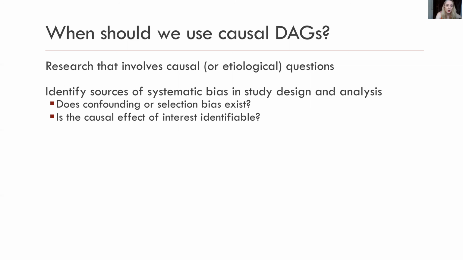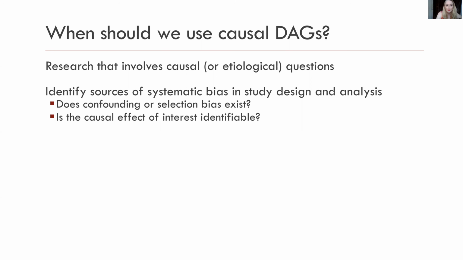If we're thinking about a causal or etiologic question, we probably want to think about confounding or selection bias. But even if we're thinking about a descriptive epidemiologic question, we could think about problems related to loss to follow-up or selection of our participants that makes in some way a bias appear in our study.